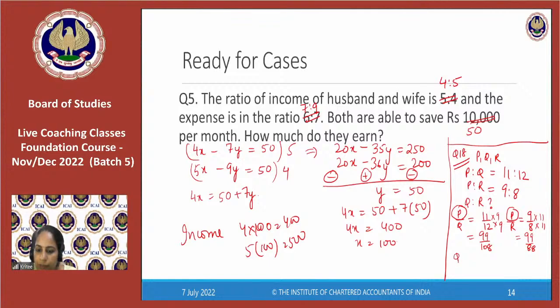So the ratio between Q and R hence would be equal to this, 99 and 99 go off. Ratio for Q is 108, for R is 88.